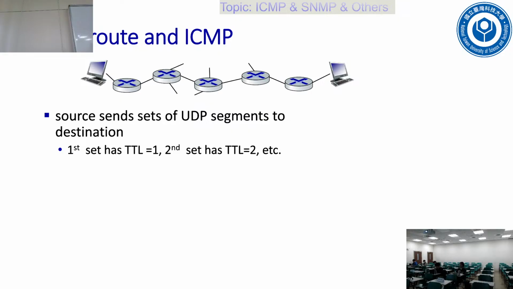The first one has TTL 1, the second TTL 2, and so on. Somewhat like a hop, but once we reach each router, we will have feedback messaging because of TTL 1, 2, 3, and the others.